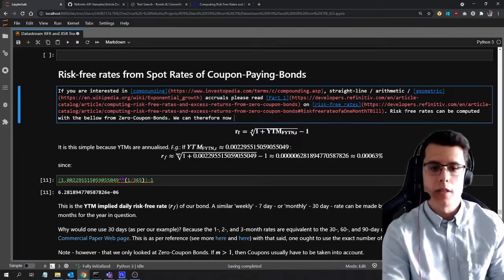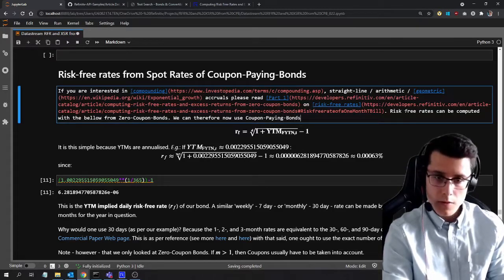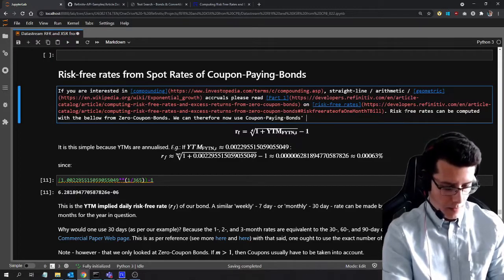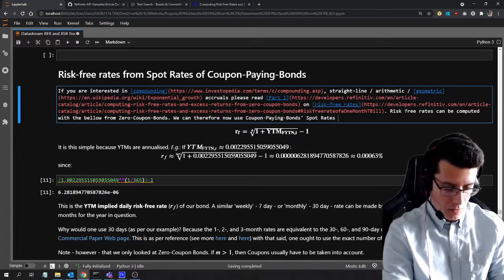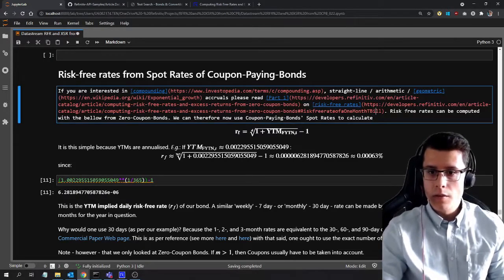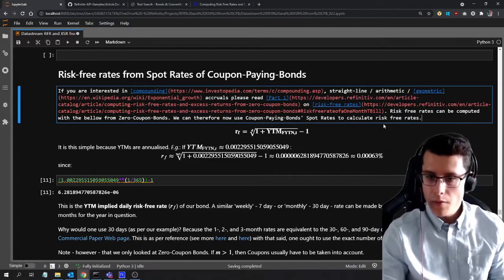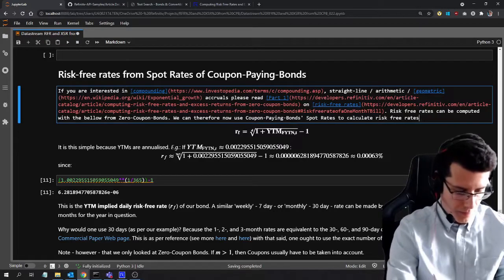We can now use coupon paying bonds' spot rates to calculate risk-free rates. All right, we can use them to calculate risk-free rates with the below.